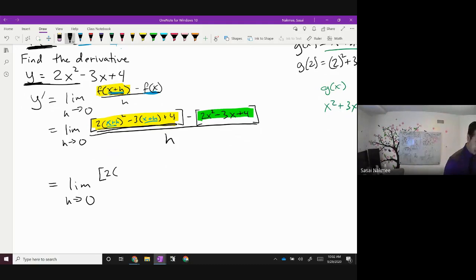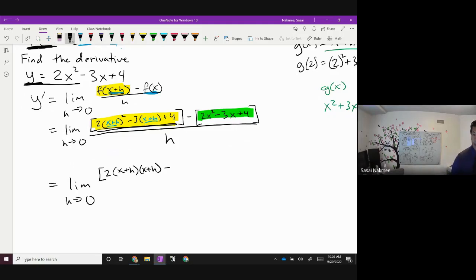X plus h quantity squared, which is going to simplify out to x squared plus 2xh plus h squared. How did I get that? X squared plus 2xh plus h squared. That's what this is when you FOIL this out. And I kind of did that. You know what? Just to stop the risk of making you more confused, I'm just going to write it all out. X plus h times x plus h, right?